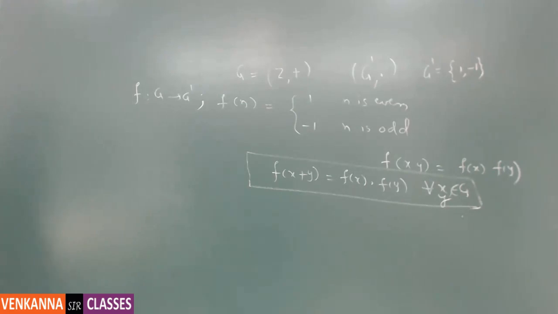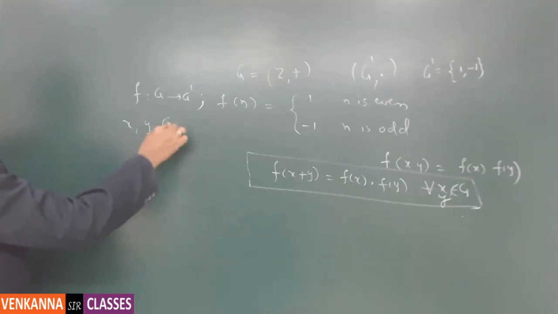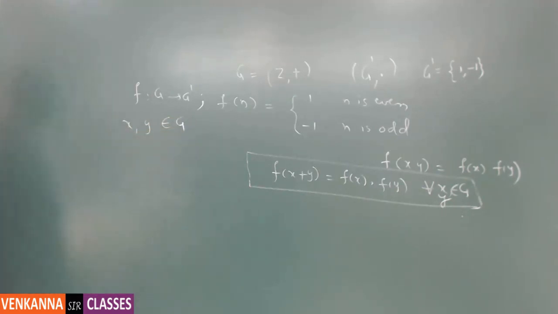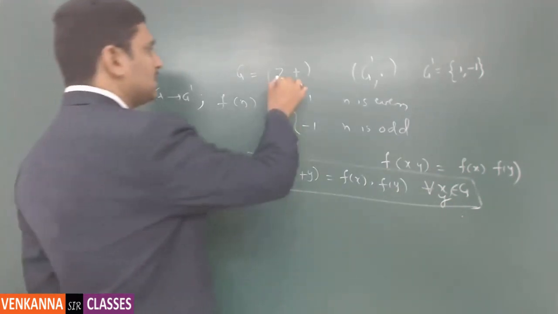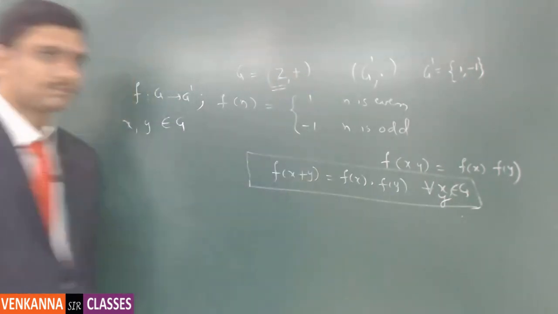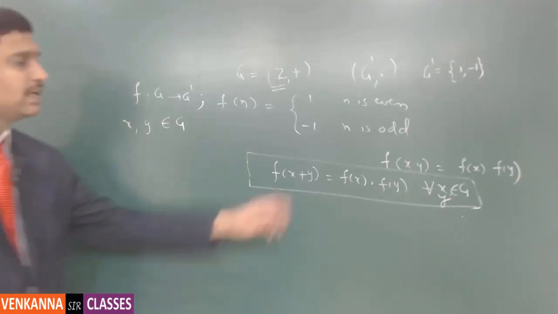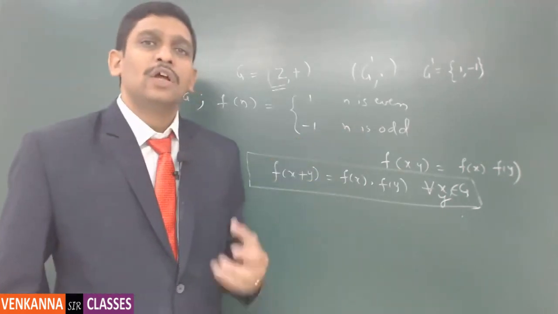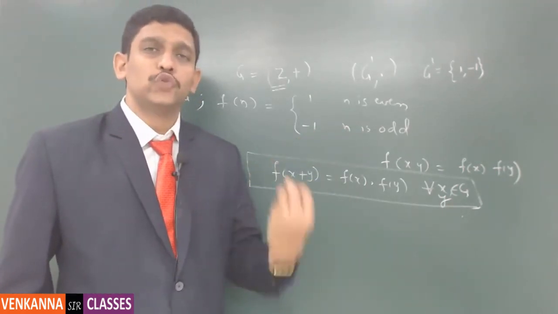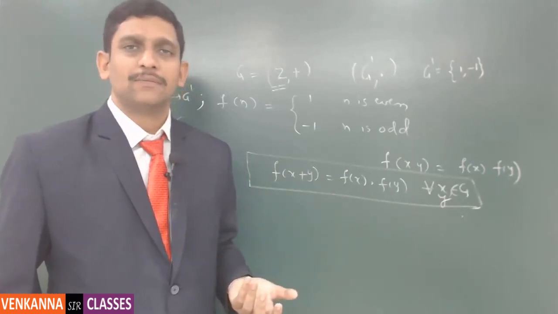Now let us go with the procedure. I have taken the elements x and y in the group G. Please understand, I have taken the set as the set of all integers. While taking the integers, as per the definition, we have different ways to choose the values of x and y.